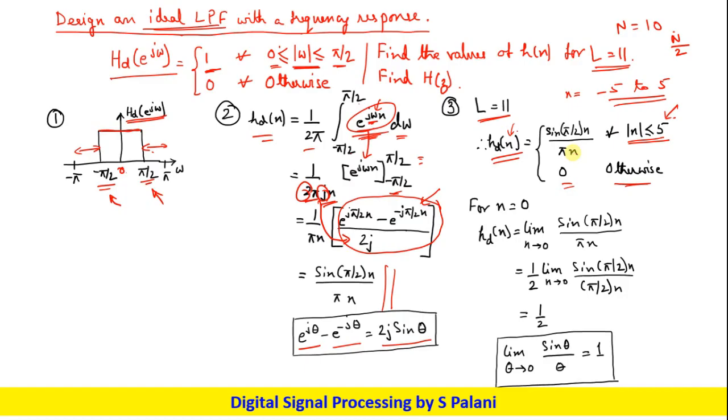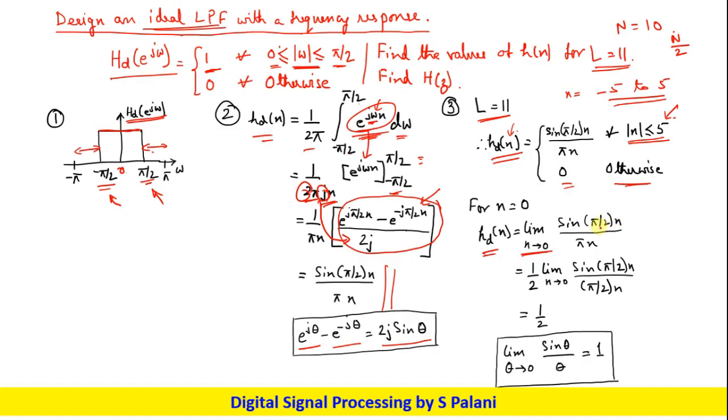So we cannot directly solve this one. Whenever you get such an equation where both the numerator and denominator are zeros, you have to apply L'Hospital's rule. So you put HDN equals to limit of n tending to 0, and then you put this one.